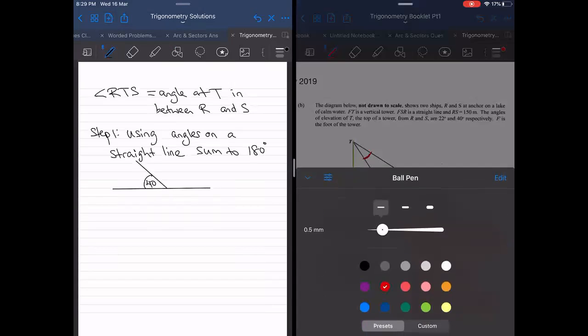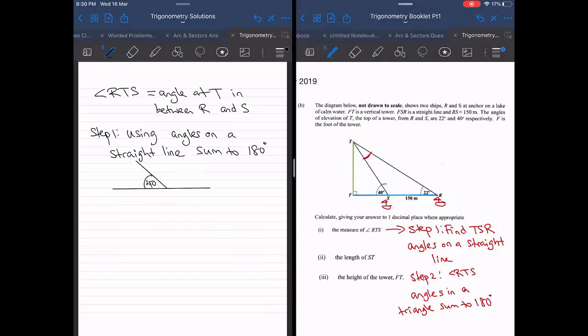What I'm trying to do is find this angle first, because then I have 2 out of the 3 angles in the triangle. That's why I'm going that route. So 180 degrees would be 40 plus TSR, so 180 minus 40 is TSR. So TSR is 140.